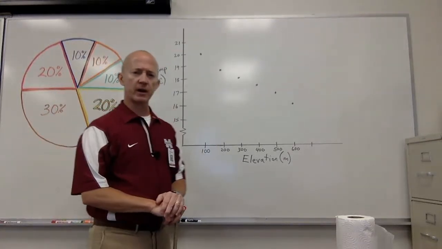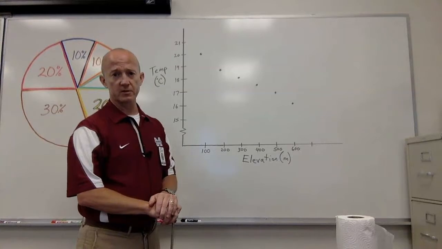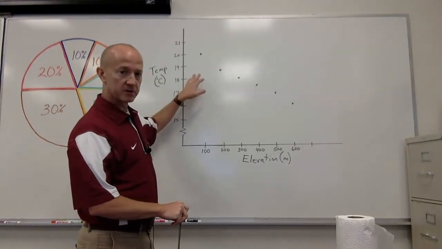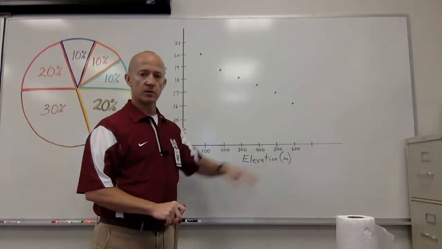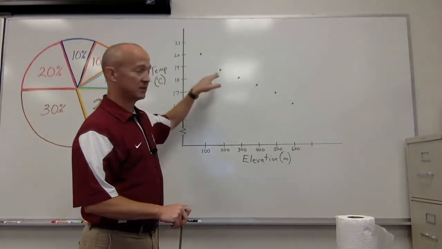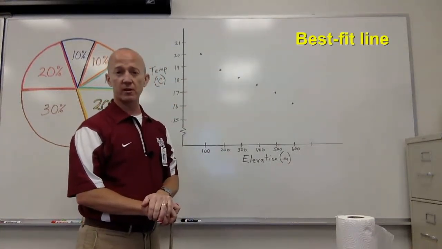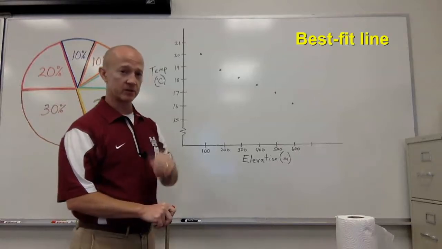When you use a line graph, first you have to plot your points. You can carefully plot those points according to your x-axis and y-axis. Once you do, you don't want to connect the dots when you make your line. Rather, you want to form what's called a best fit line, like so.